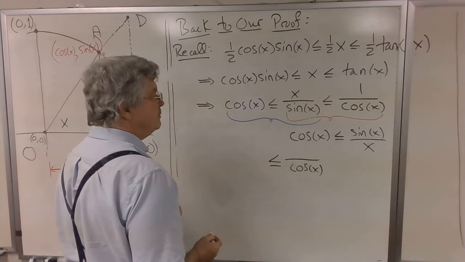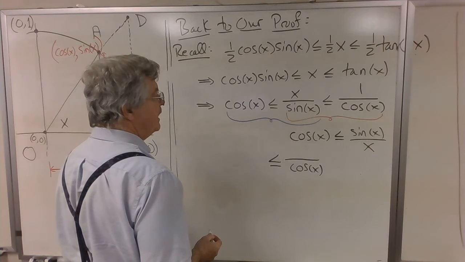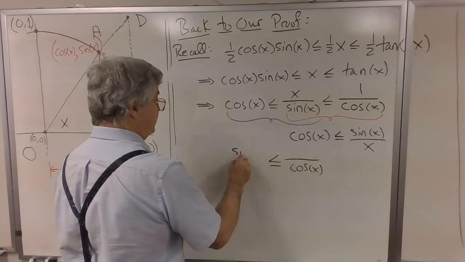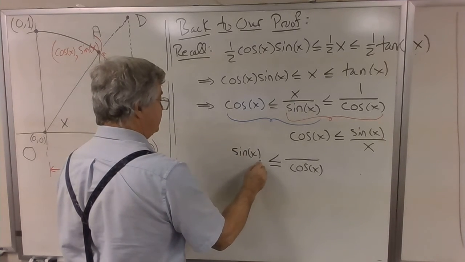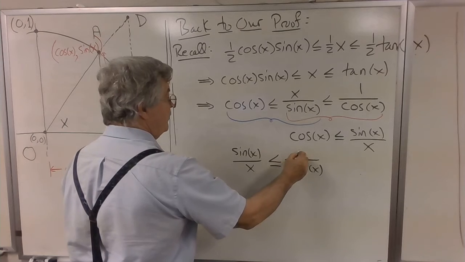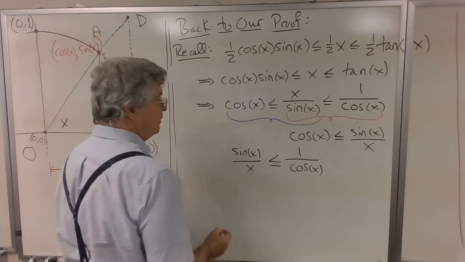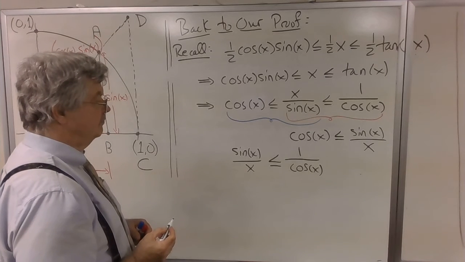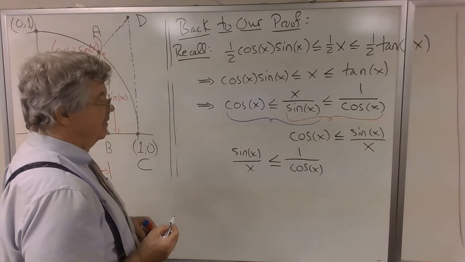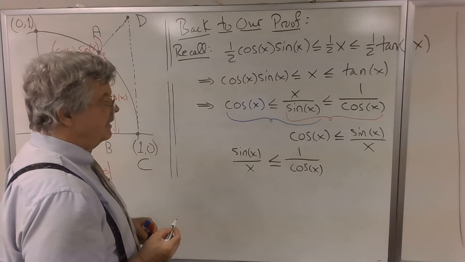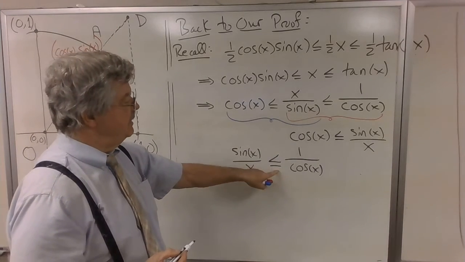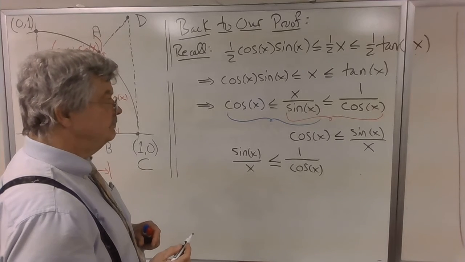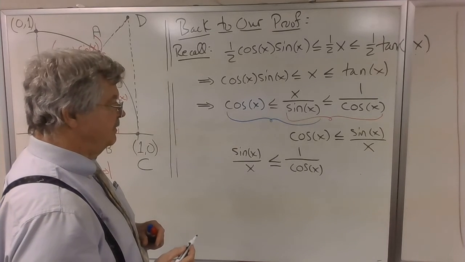And if I multiply both sides by sine of x over x, I'll get sine of x over x. And this will just be 1 over cosine of x. Okay, and again, I don't have to worry about the inequalities being reversed. Sine, cosine, and x are all positive.